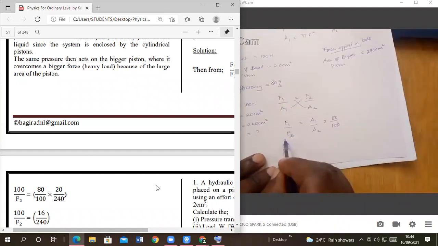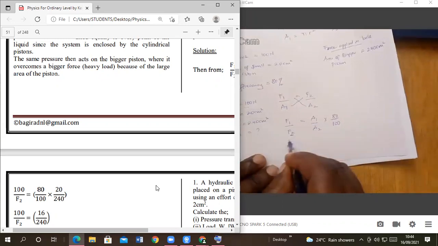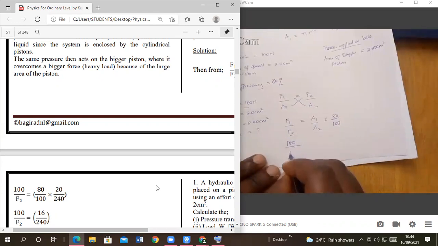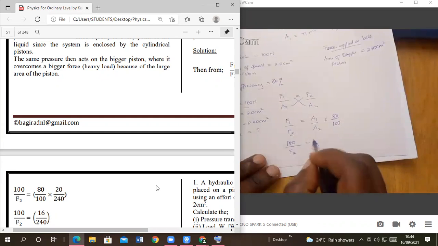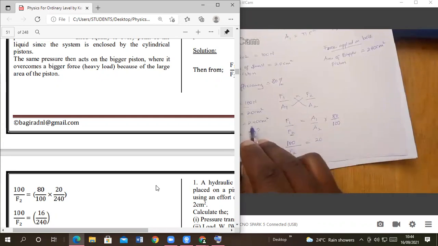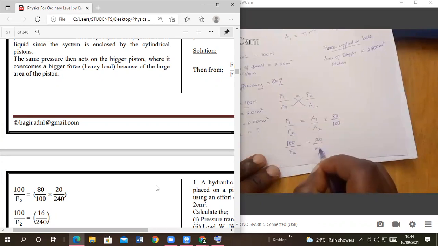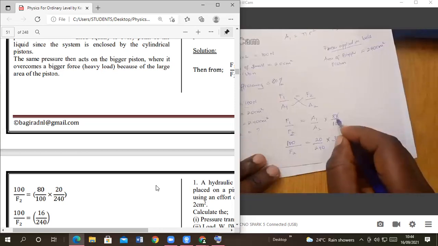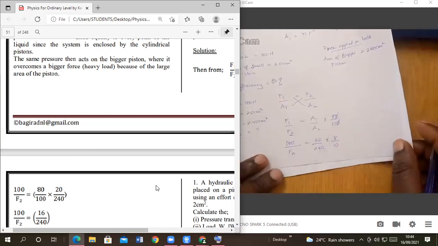By substituting, F1 is 100, and F2, which is unknown, will be equal to A1, which is 20 out of 240, then times 8 out of 10, because this and this, you get 8 out of 10.